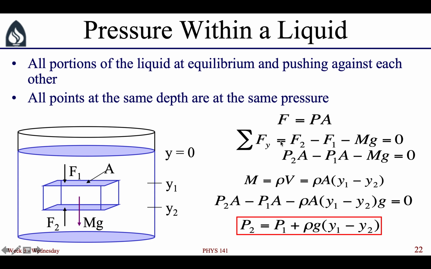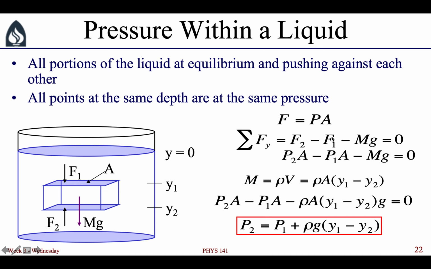So the net force in the y direction will be the upward force exerted by the fluid below, minus the downward force exerted by the liquid above, and then also minus the weight of the liquid itself. These forces sum to 0 since the liquid is not accelerating.